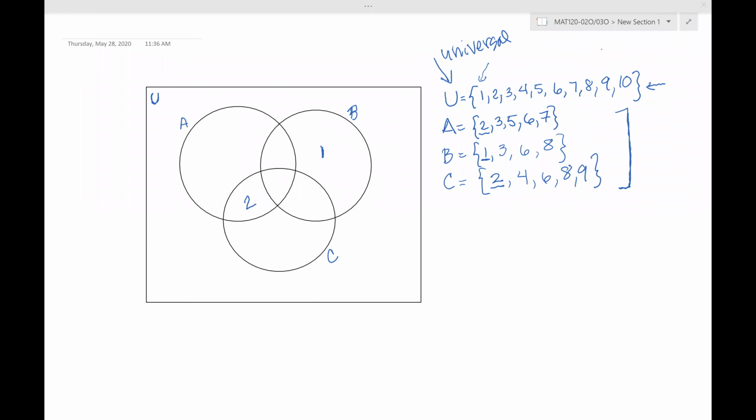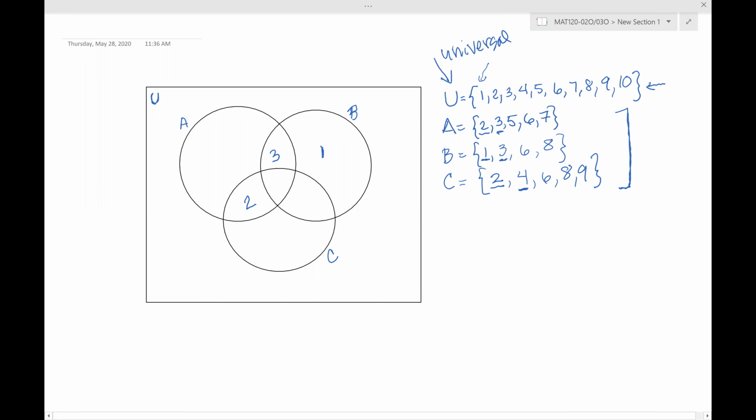So when we move on to the next number, we look at number 3. And 3 is shared in A right here and B right here, but I don't see it in C. So again, I'm going to look for that shared area of A and B and not C. So that would be right here. Again, we're going to look at 4. So 4 right down here.